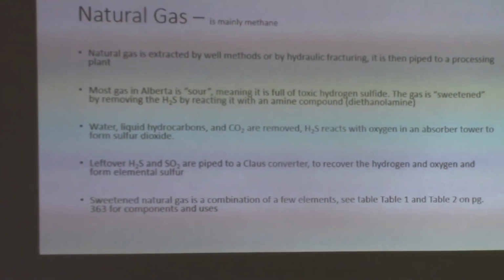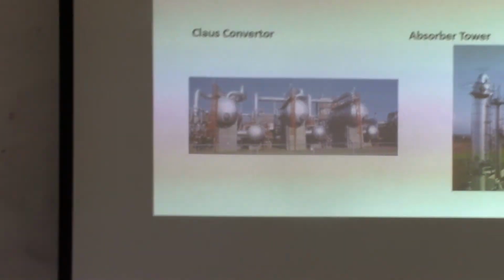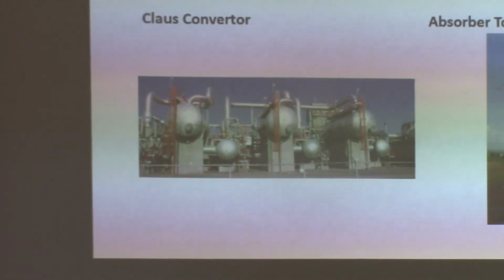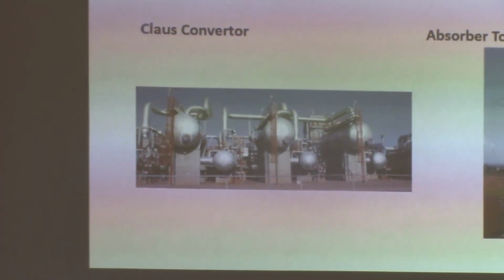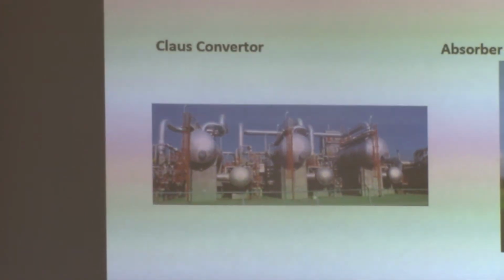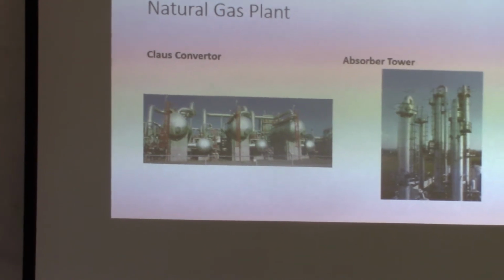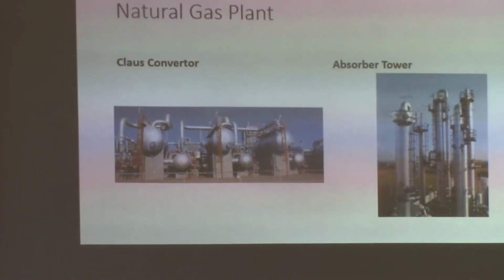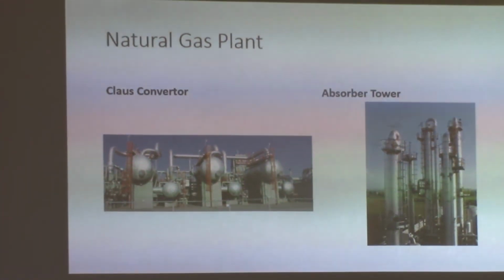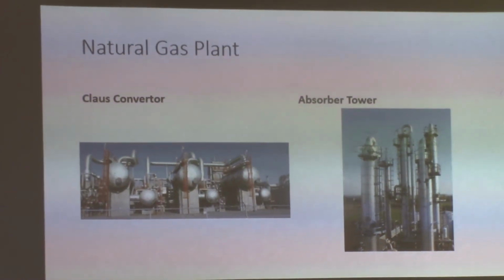And then the Claus converter recovers the hydrogen and oxygen and then removes the waste products, which would be the sulfur. It turns the sulfur into elemental sulfur. So we use centrifugation and we use catalysts to do that. Okay, so those are your big things that are in a natural gas plant.